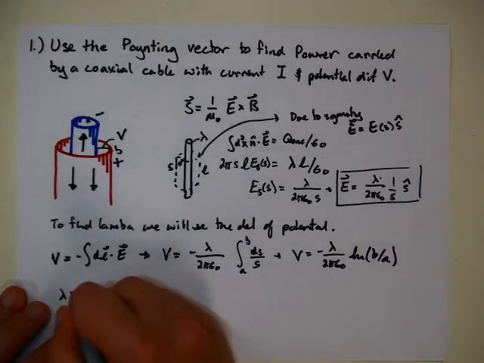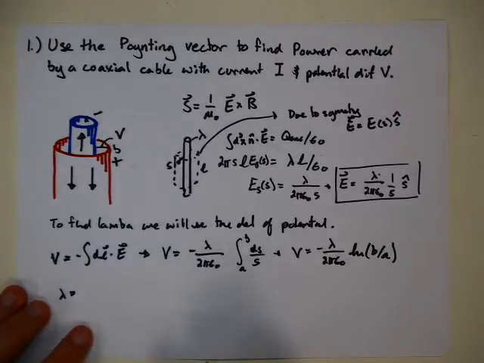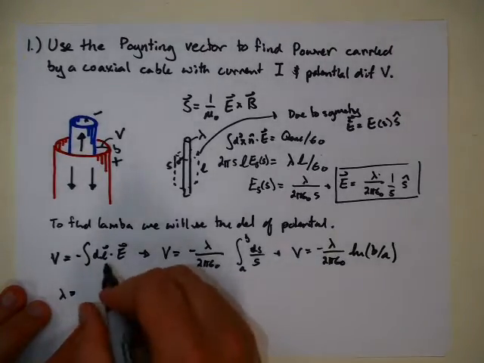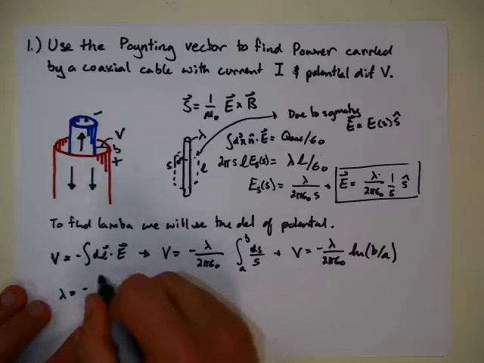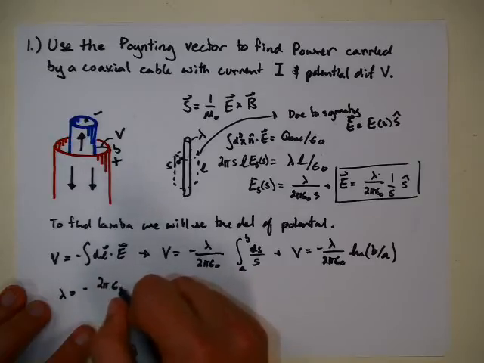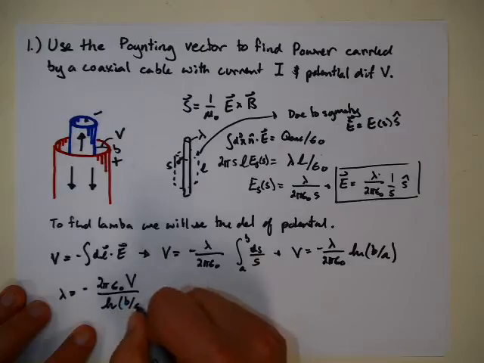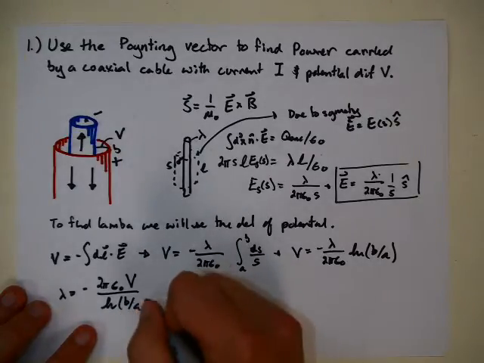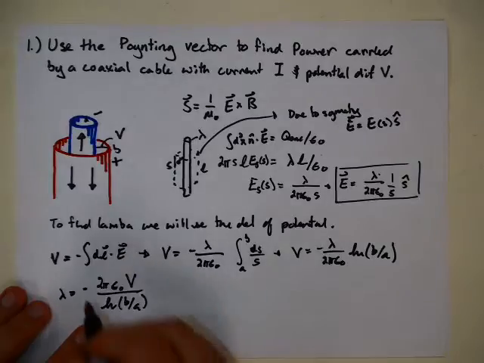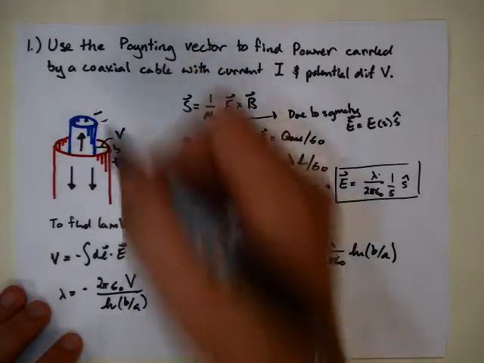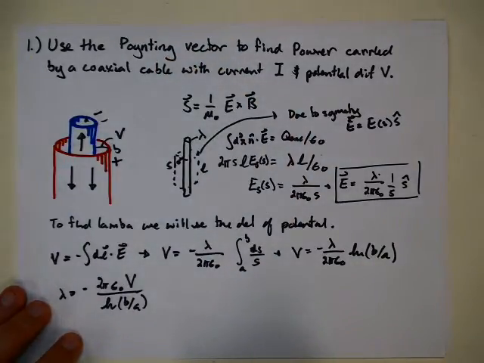So the lambda then is going to be equal to minus 2 pi epsilon naught times V over the log of b over a. The minus sign there indicates that we have a minus on the inside, just like we wanted. And cool, so we are pretty much done with that.